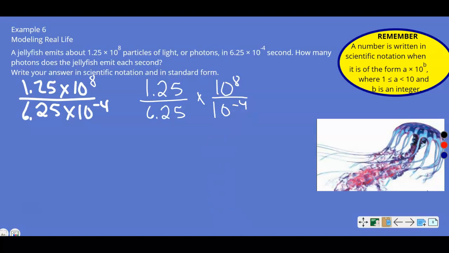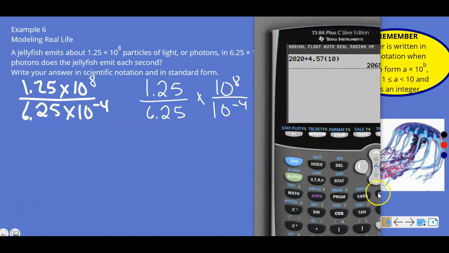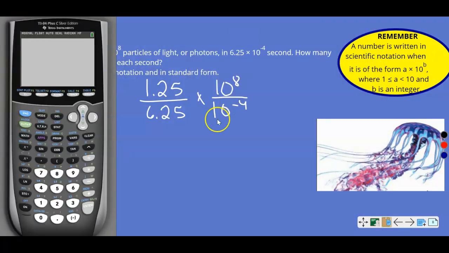So let's look at 1.25 divided by 6.25, and that's going to be 0.2.